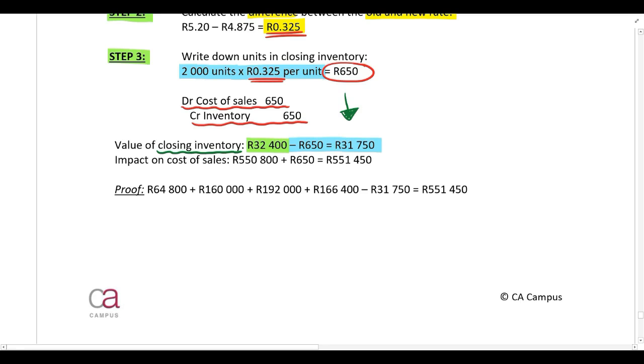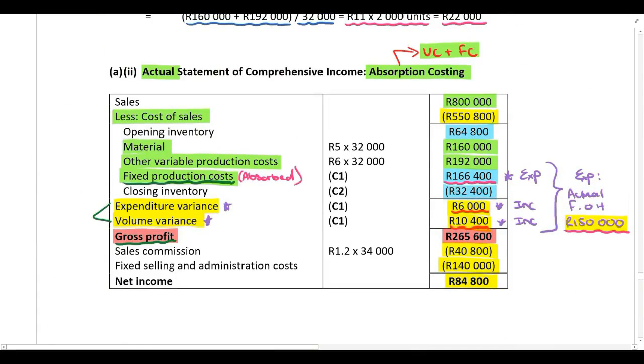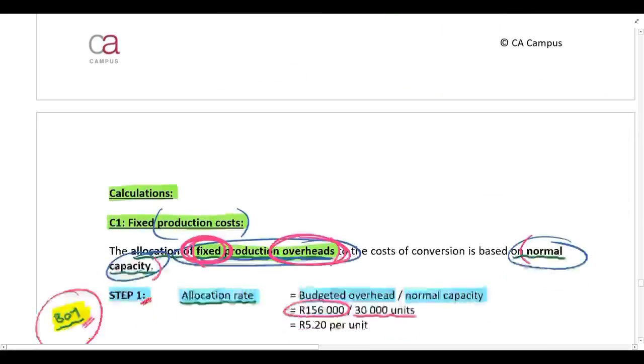So we've written down the value of our inventory, and that will have the impact of increasing your cost of sales. Why will it increase my cost of sales? Please note that we deduct closing inventory from the value of cost of sales. So if my closing inventory is going to decrease, that will have the effect of increasing my cost of sales.